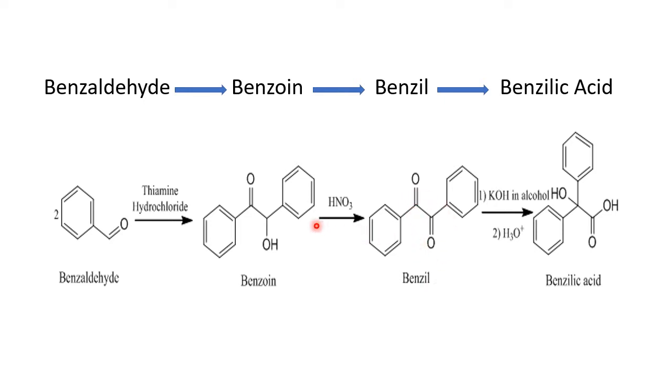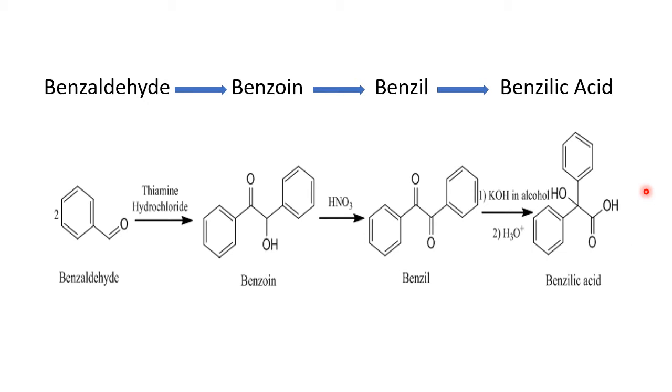So here oxidation is going on. We are using HNO3 as the oxidizing agent. Then from benzil we get benzilic acid. Benzilic acid is an alpha hydroxy carboxylic acid. So these are the various steps involved and the structures of all these compounds.